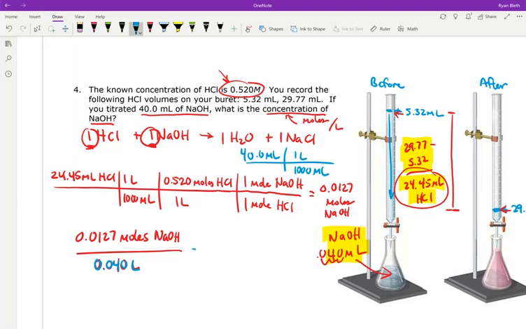Right? And then when I divide that out, moles divided by 0.040 liters, my final answer, my final concentration in moles per liter is 0.318 moles per liter of NaOH. It's all about that ratio, right? Moles per liter for our units. And then we're done.